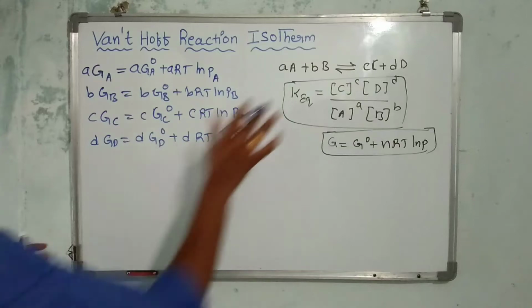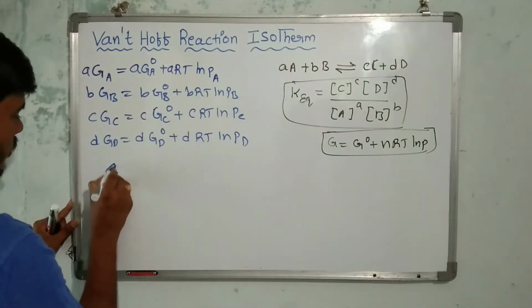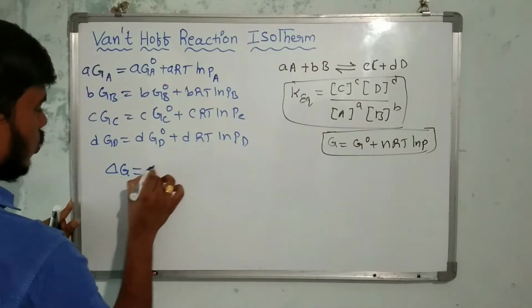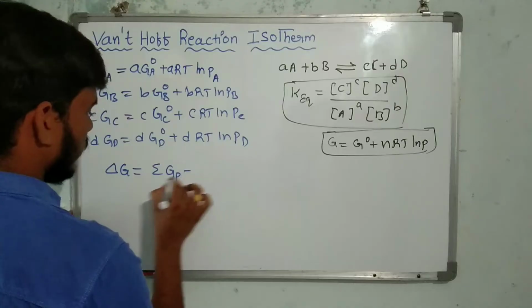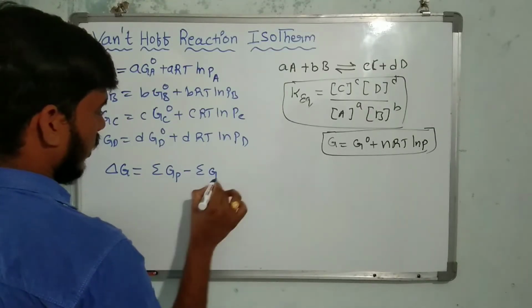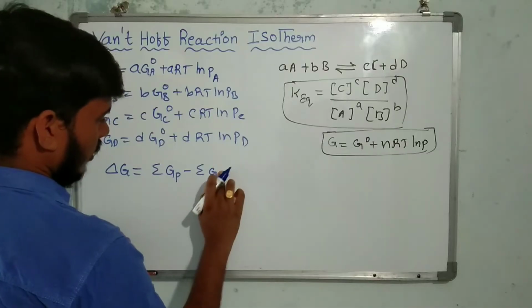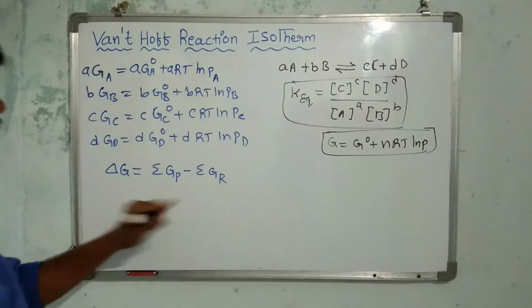Now, for this reaction, the change in Gibbs free energy is equal to the summation of the Gibbs free energy of the products minus the summation of the Gibbs free energy of the reactants. Now delta G is equal to products minus reactants.